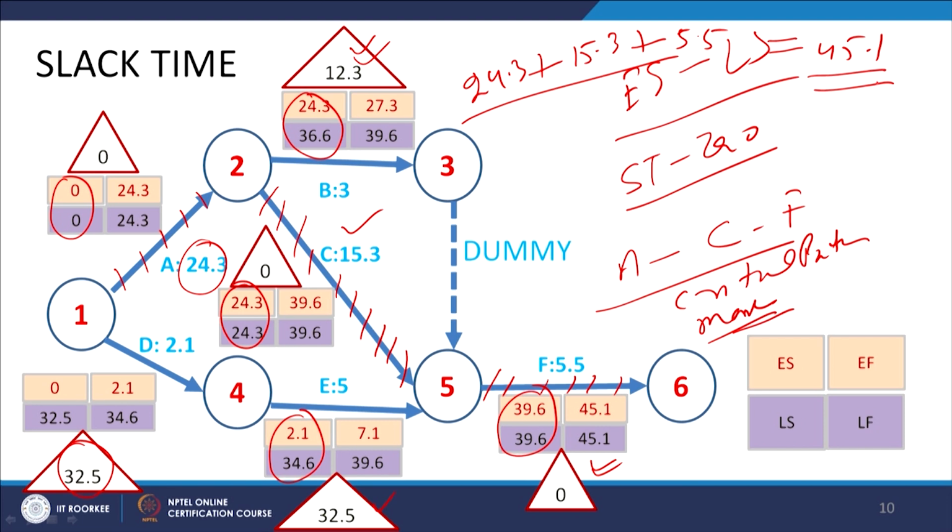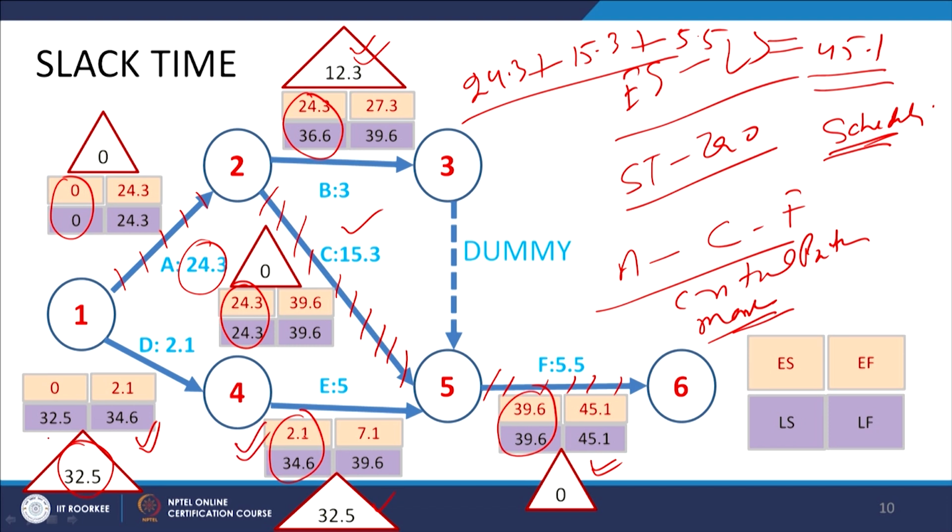Now, these time values can be used to see how to schedule various activities, and where there is a possibility to accommodate some delay in the performance of an activity. Like this activity can be delayed by as much as 32.5 days. Similarly, this activity can also be delayed significantly.